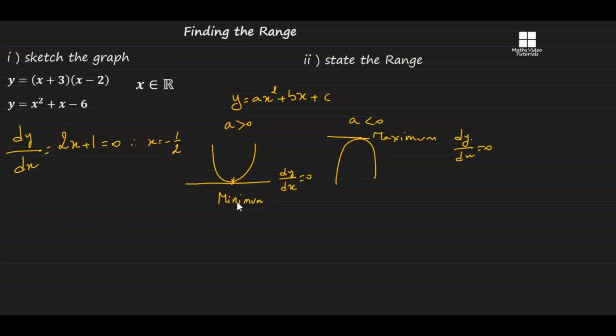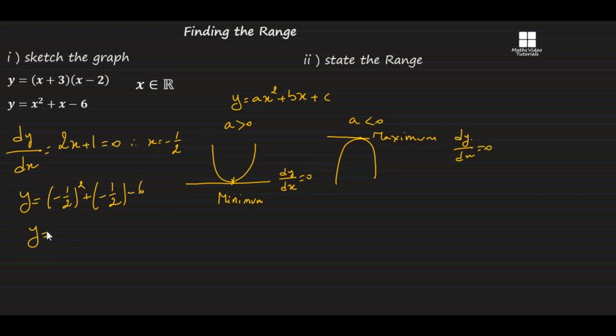So now we need to find the y-coordinate of this turning point. In order to find the y-coordinate of the turning point, we need to substitute this value into the original expression or function. So let's do just that. It's going to be negative a half all squared, plus negative a half, take away 6.